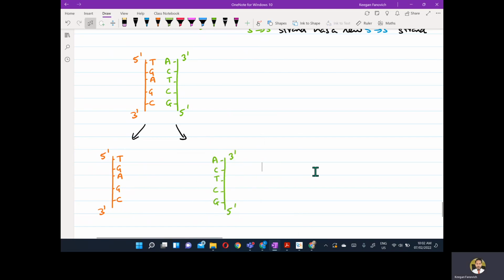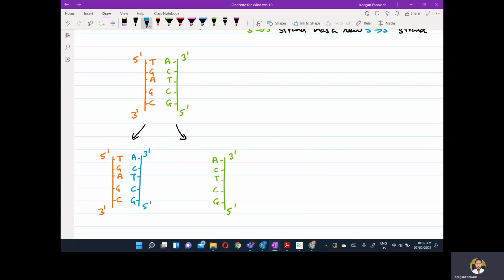Right, so you end up with that, and the new strands are going to form against them. So a new strand forms here. This is going to be a new 3' to 5' strand. What is going to pair? So if we look at what pairs, you'd see T has the bond to A, G has the bond to C, A has the bond to T, G to C, and then C to G.